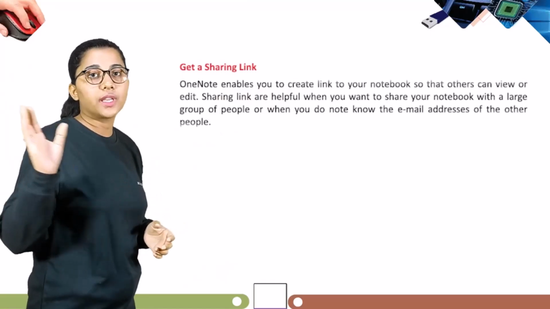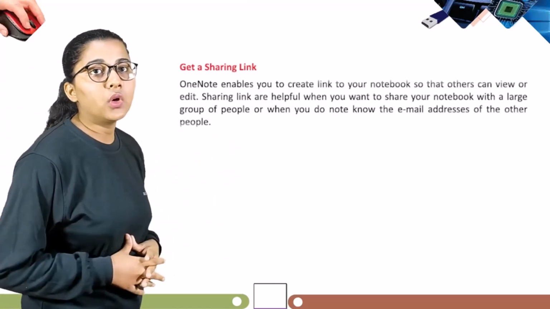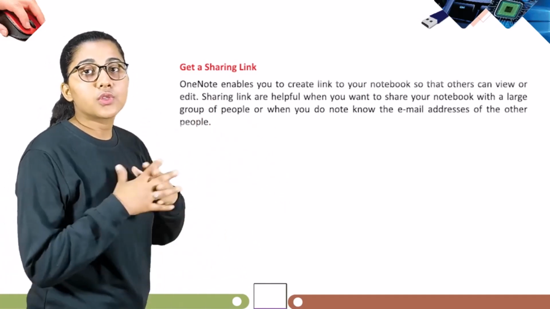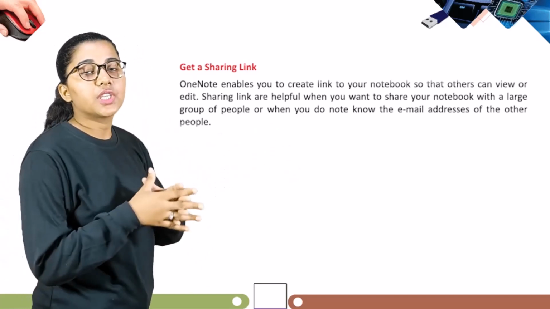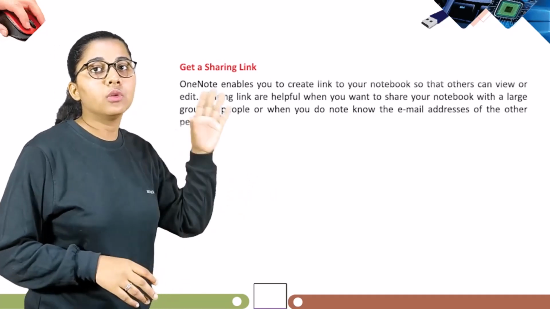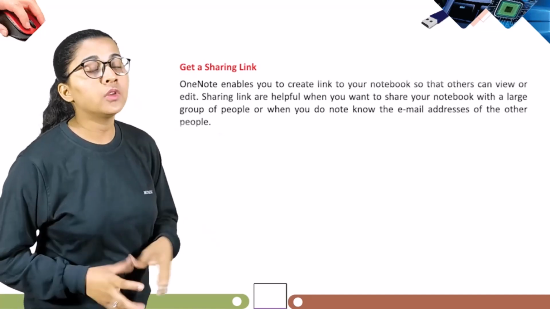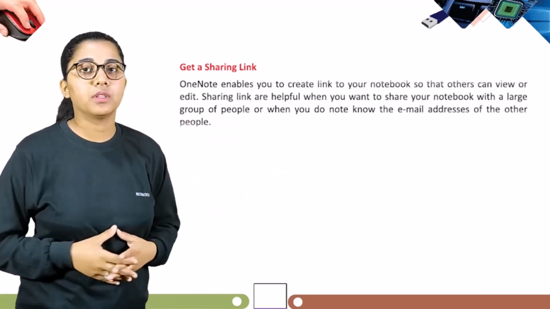How will you get a sharing link from OneNote? Let's discuss. OneNote enables you to create a link to your notebook so that others can view or edit. Sharing links are helpful when you want to share your notebook with a large group of people or when you do not know the email address of the other people.